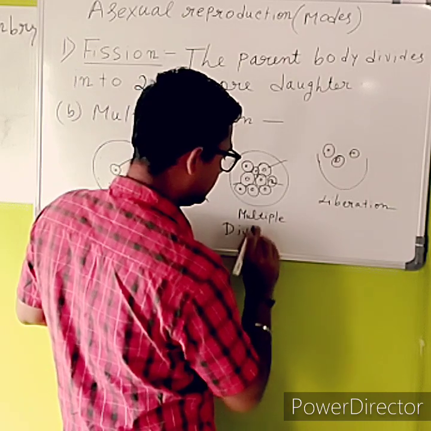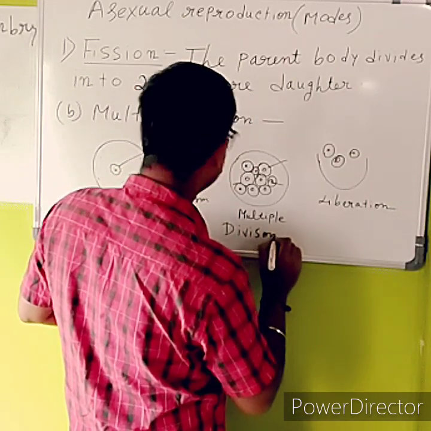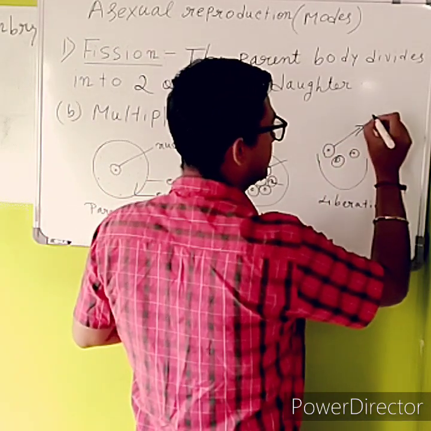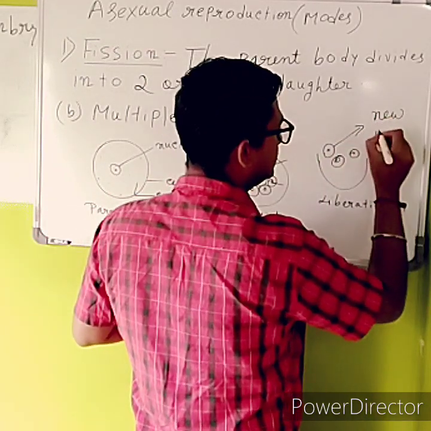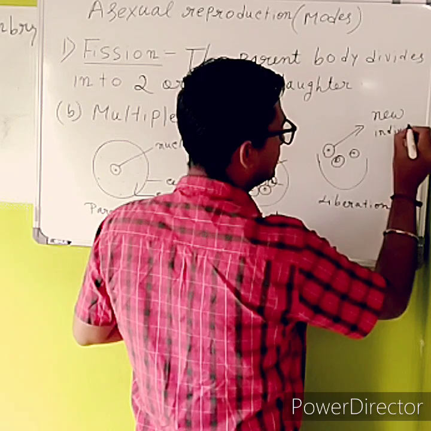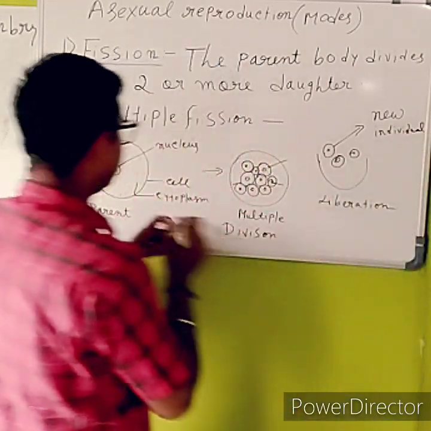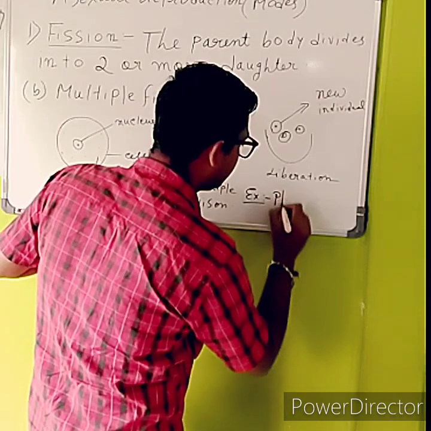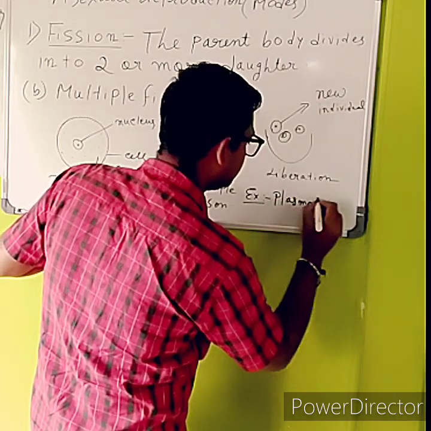A number of individuals can be produced through this process of multiple fission. This type of multiple fission is commonly found in Plasmodium.